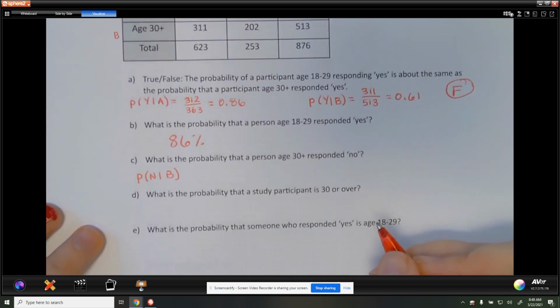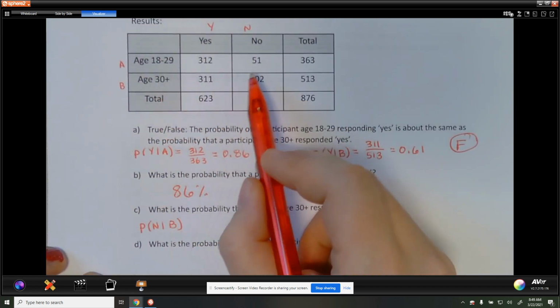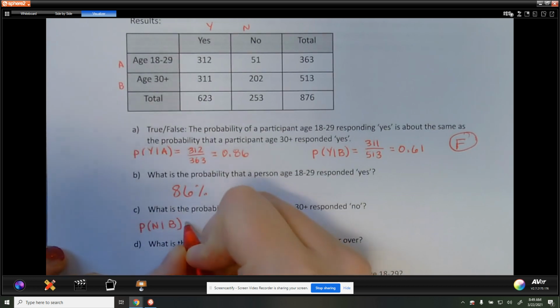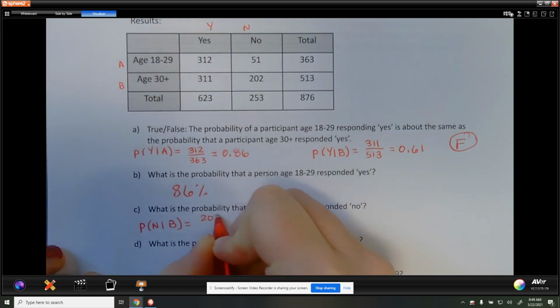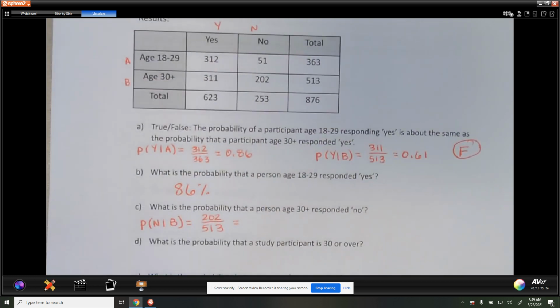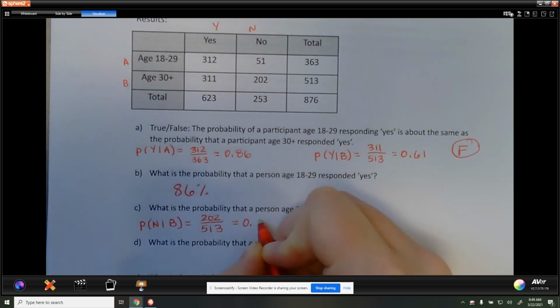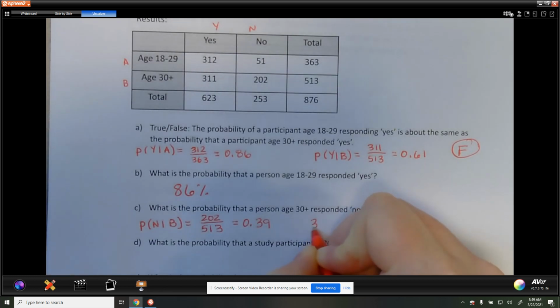So 30 years or older who responded no, that's 202, divided by the total number of people 30 years or older. All right, so 202 divided by 513 is 0.39, so about 39%.